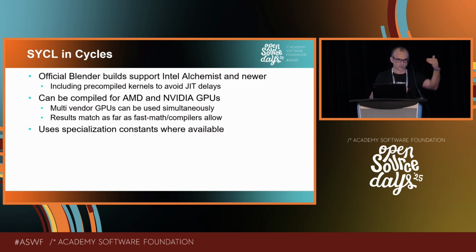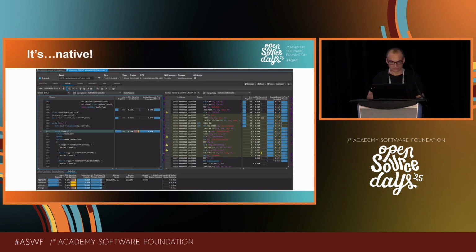Specialization constants for reducing the amount of source code being compiled are used on the platforms that support it. I think it is only Intel right now, but there's nothing that would, from the source code side, stop it from being used anywhere else. And the result is pretty much as you would have with native code. This is SYCL source code on the left side. On the right side, it's NVIDIA assembly.